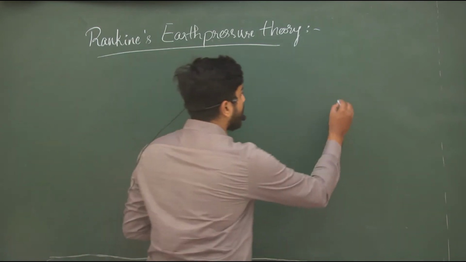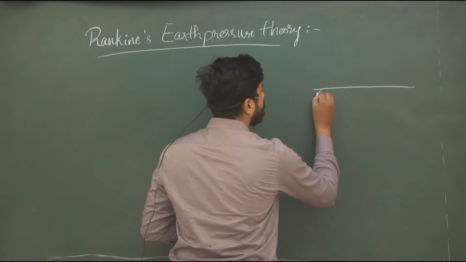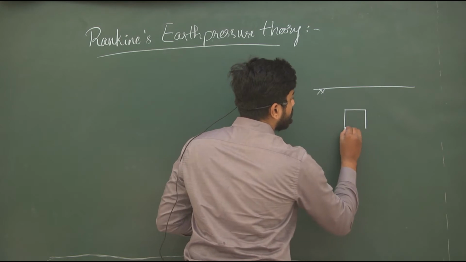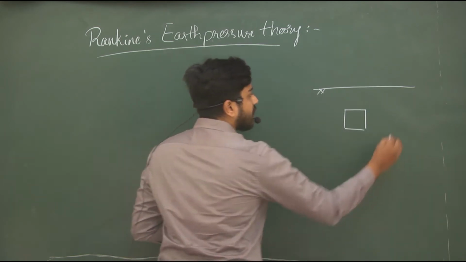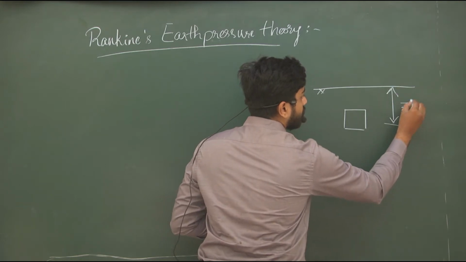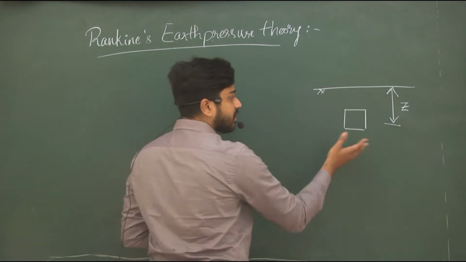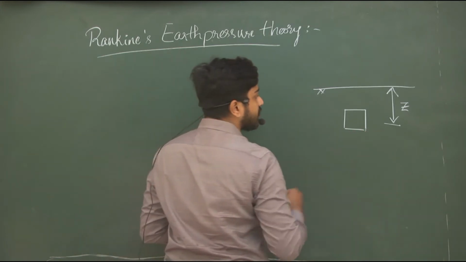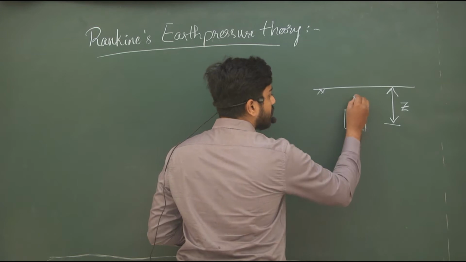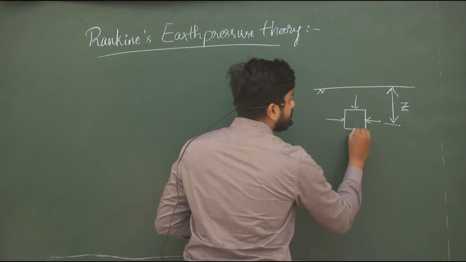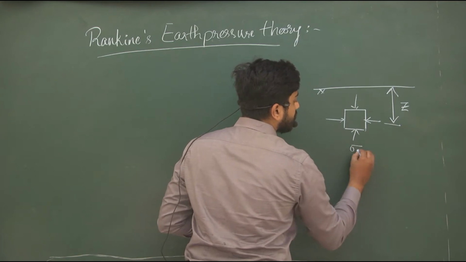Imagine this is a ground surface. A small soil element is considered at a particular depth z. This depth may vary, and along this particular soil element, which is in one particular plane only, the horizontal as well as the vertical stresses are considered.